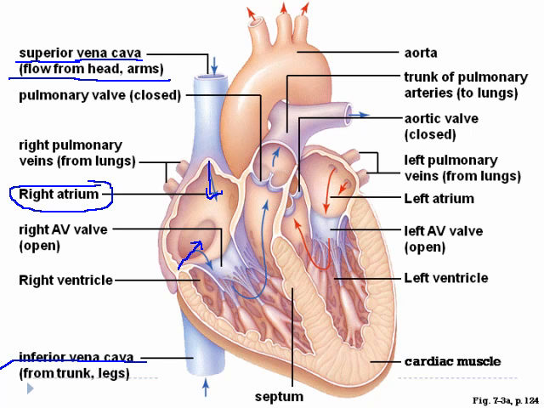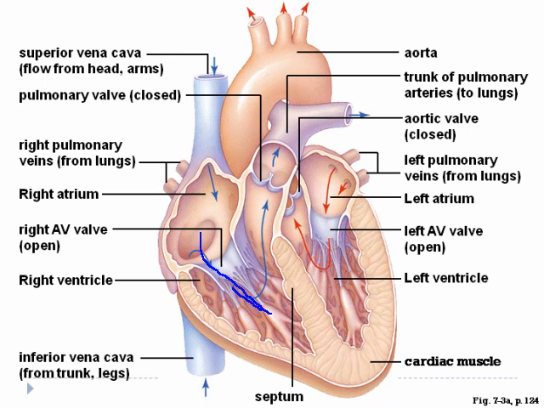The term vena cava is actually Latin for cavernous vein or big vein. This is the largest vein in the body, and it carries all of the blood from all of the parts of the body back into the heart. Blood will then flow from this right atrium into the ventricle.